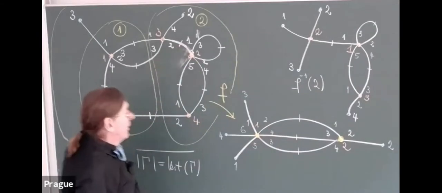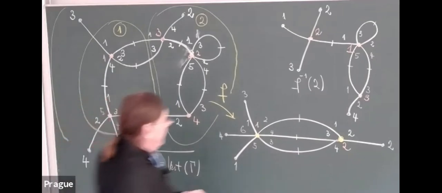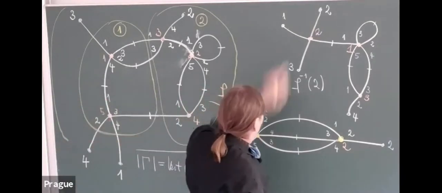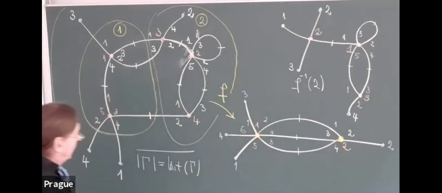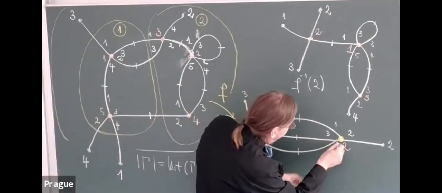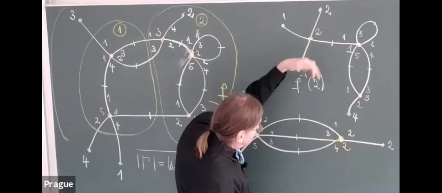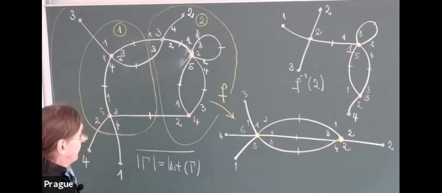So if I made no mistake, it should be all right here. But what is subtle is the global order. And the global order is borrowed from local orders of half edges adjacent to the vertex to which the graph was contracted.